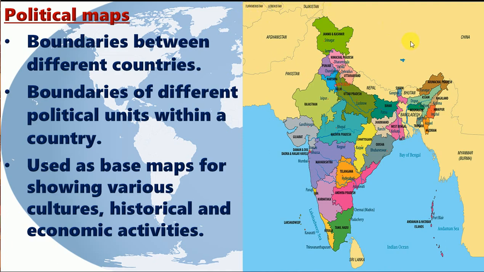Political maps show the boundaries between different countries as well as between different political units within a country. And what is it used for? It is used as base maps for showing various cultures, historical and economic activities.